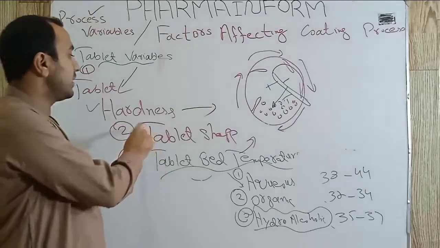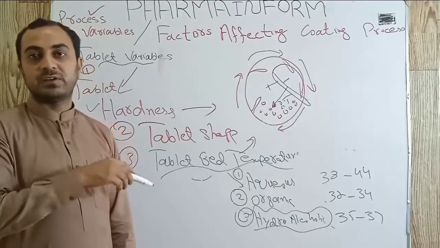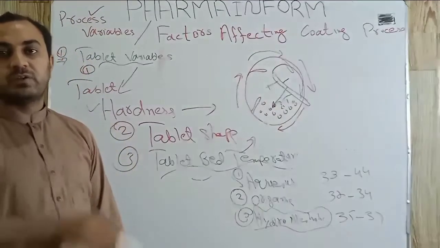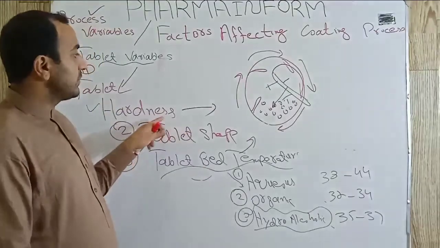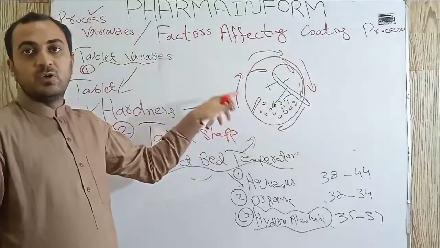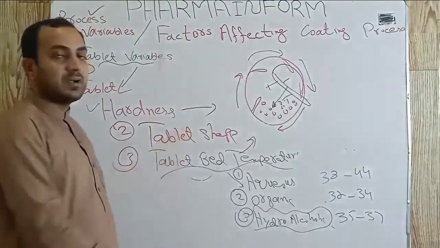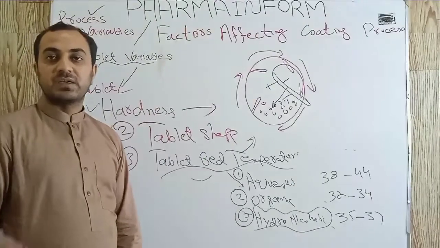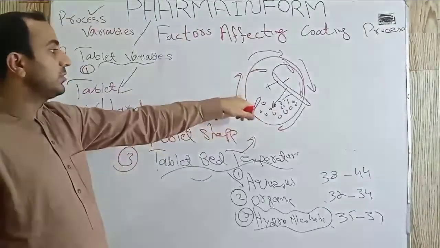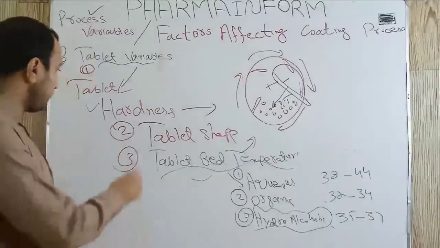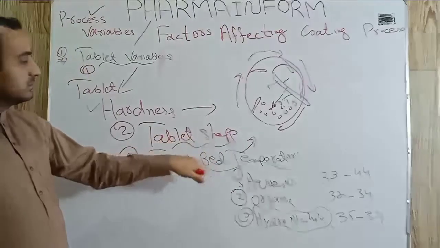So if the hardness of the tablet is low, when it comes in contact with baffles or strikes the pan surface during rotation, it may cap or it may break the edges of the tablet. So our tablet hardness should be in such a range that it can easily bear the attrition forces during the coating operation. The next factor is the tablet shape.